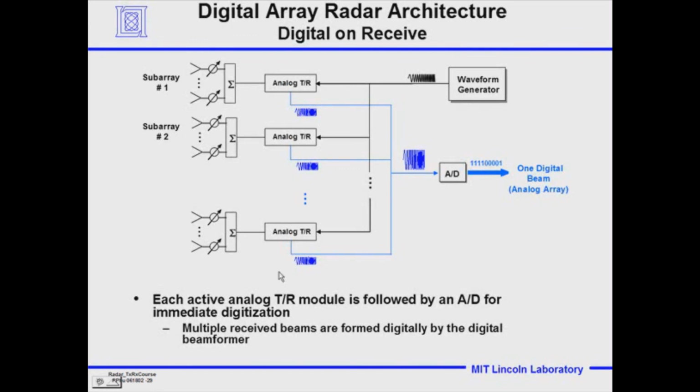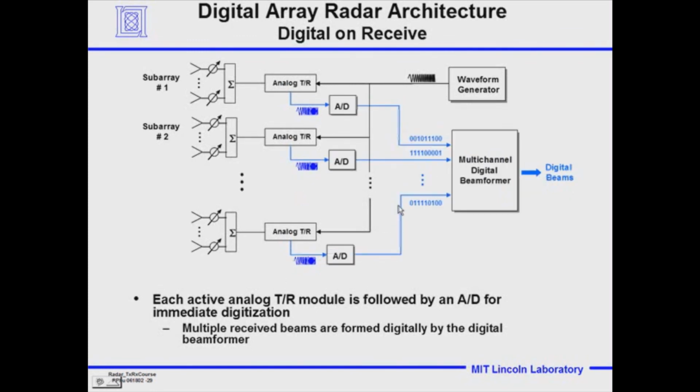Or we could take the signal from each module, digitize it right up at the module, and then, instead of generating one beam, we can have a multi-channel digital beam former, a device which will generate not one beam, but multiple beams.